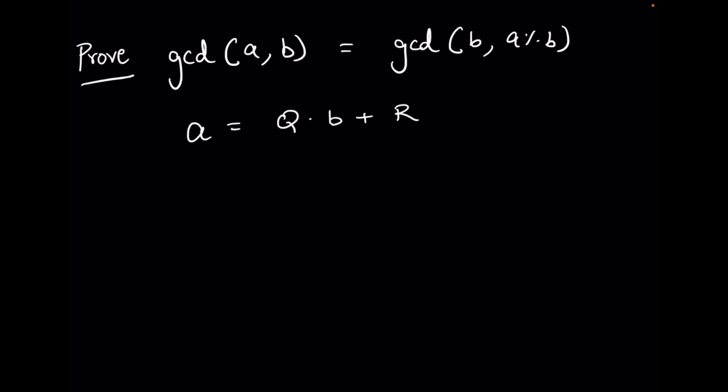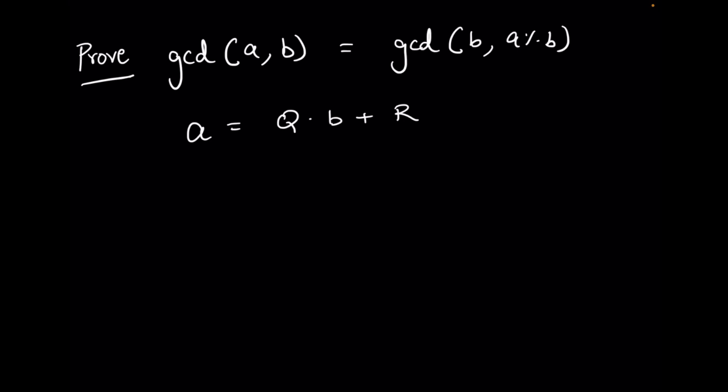The first thing we can do is write A as Q into B plus R. This is basically the division formula that we learned in math in school.